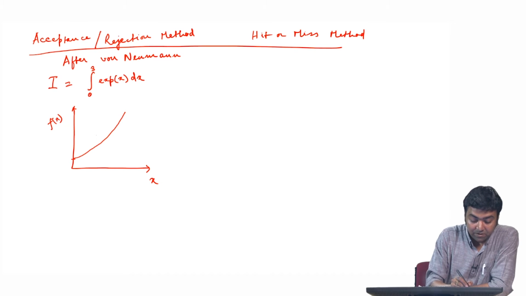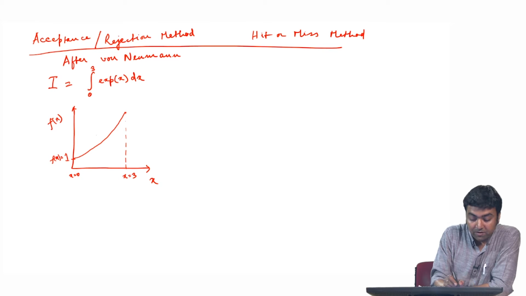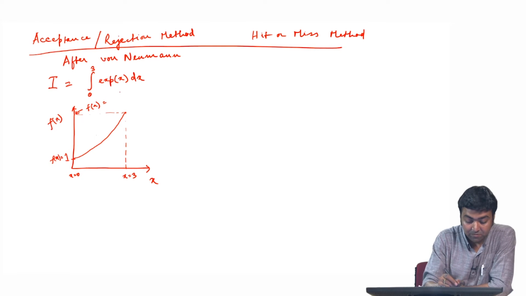This is my x equals 0 and this is my x equals 3. Here my f(x) is equal to 1 and here my f(x) is equal to e to the power 3.